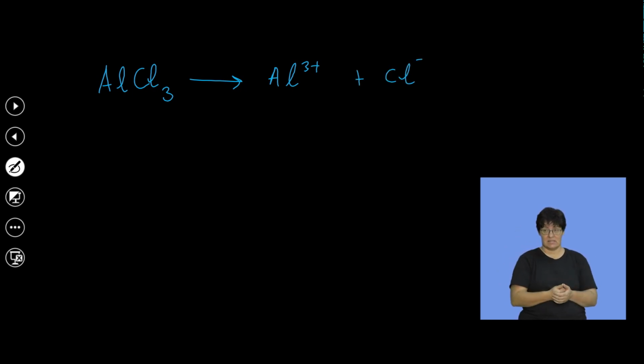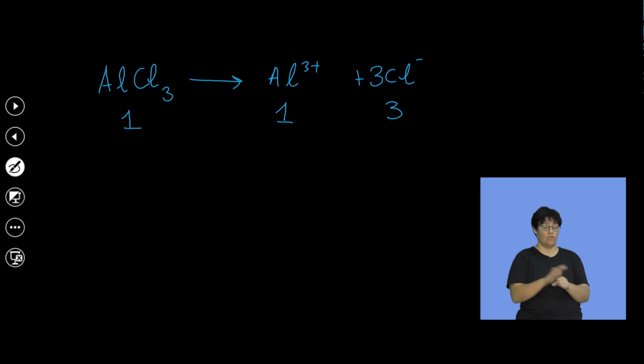If we balance this, there will be 3 moles of chloride ions for each mole of cations. So the stoichiometric ratio once again is 1:3.